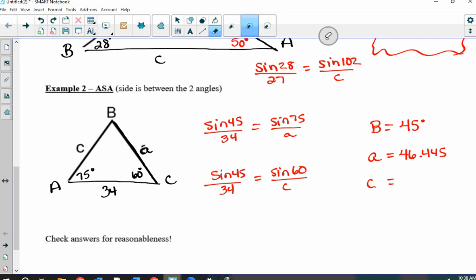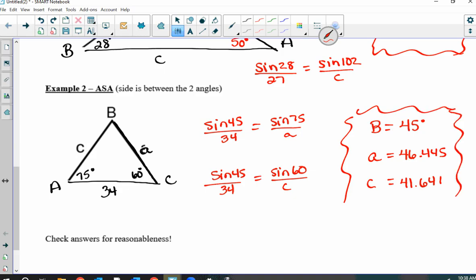Sine 75 over A. Sine 45. As long as you can set it up, Desmos does everything.